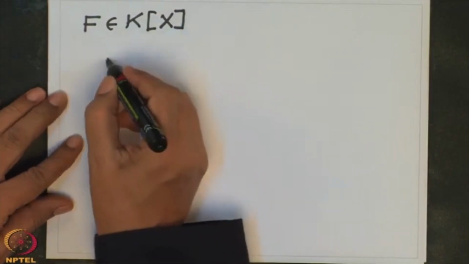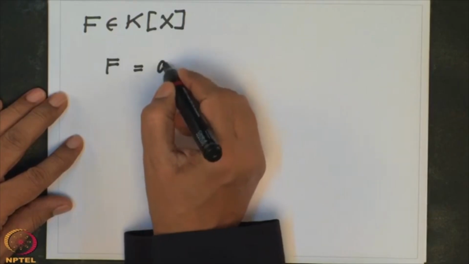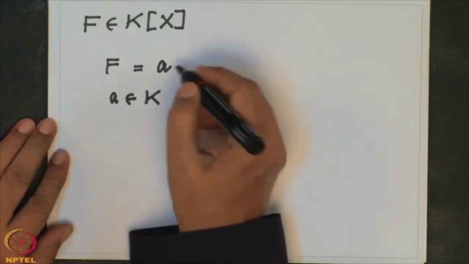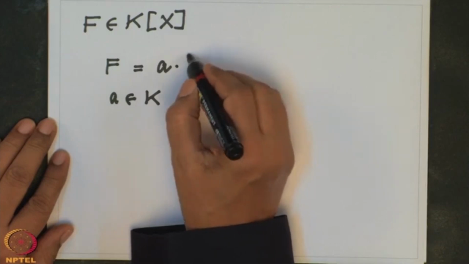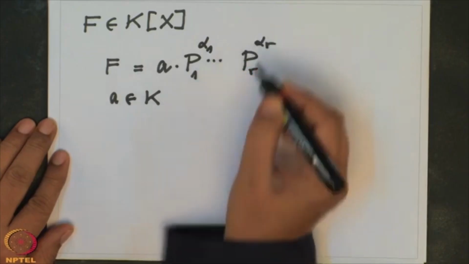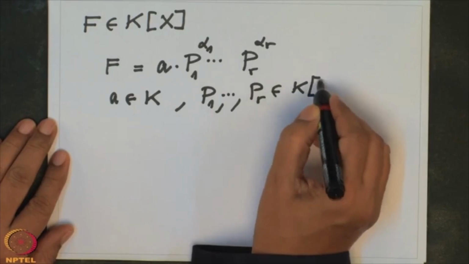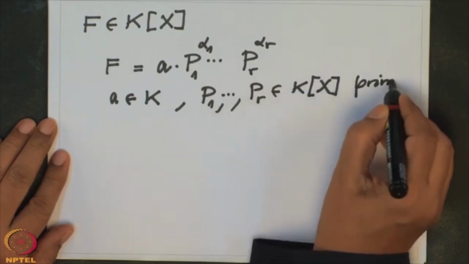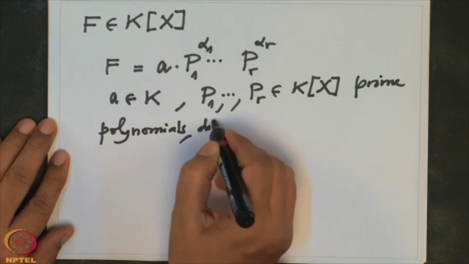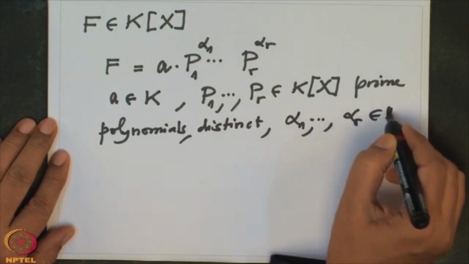Then I want to write this f as a constant a, where a is in a field, times a product of prime polynomials, P1 power alpha 1, up to PR power alpha r, where these P1 to PR are distinct prime polynomials in K[x], and alpha 1 to alpha r are non-zero natural numbers.